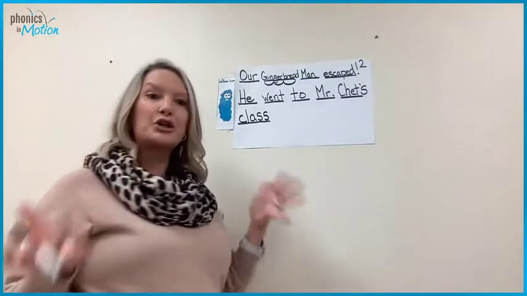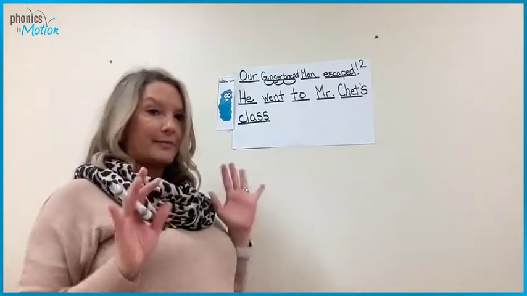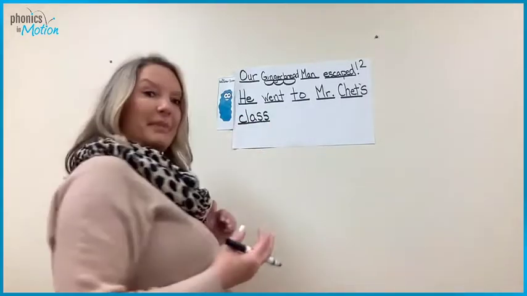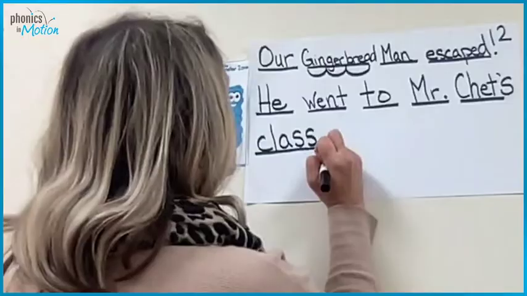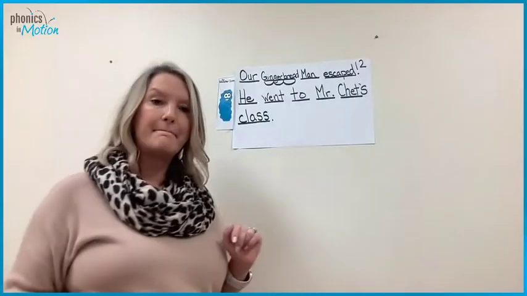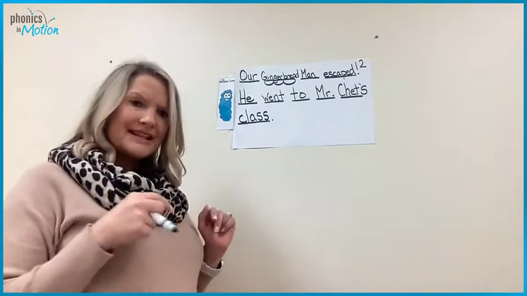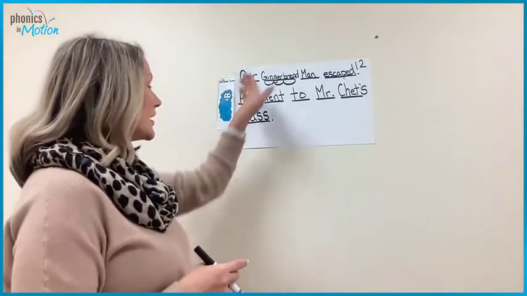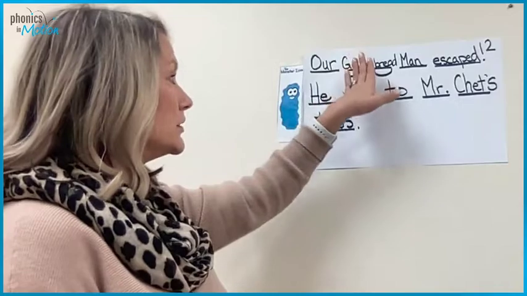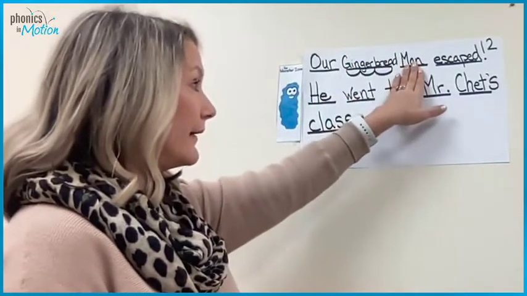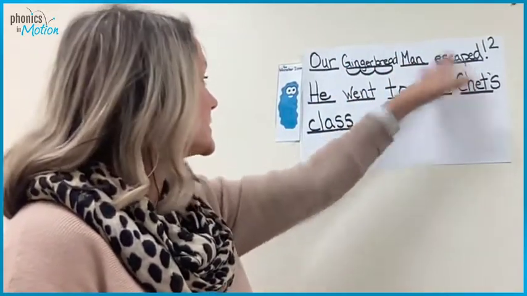Oh my gosh, you're right. I won't forget it. I promise. Put a period at the end. Okay. Let's read it slow. Tell me what you think about how this sounds. Our gingerbread man escaped.